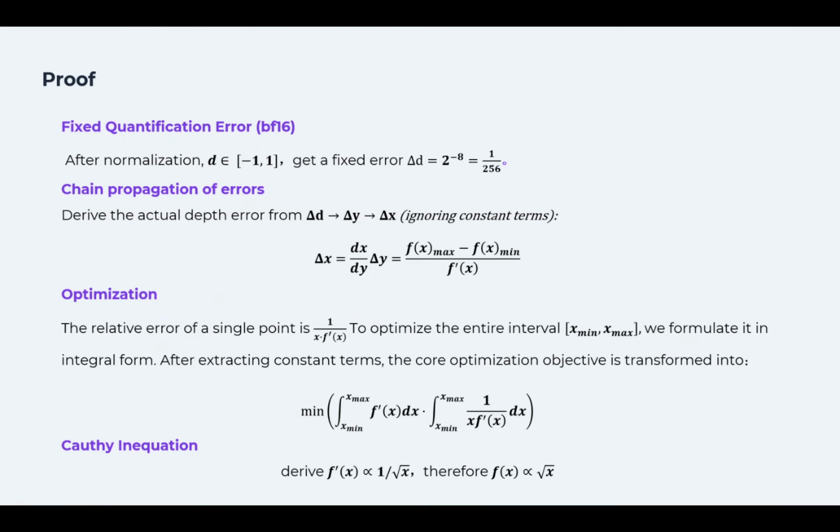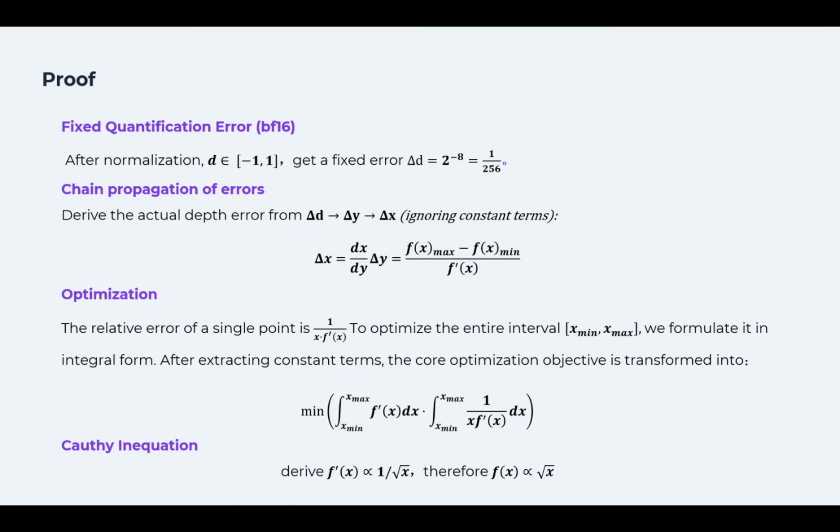Start from the fixed quantization error in bfloat16, we get delta d, and then from delta d to delta y and delta x, we finally get the relationship between delta x and the function f(x).